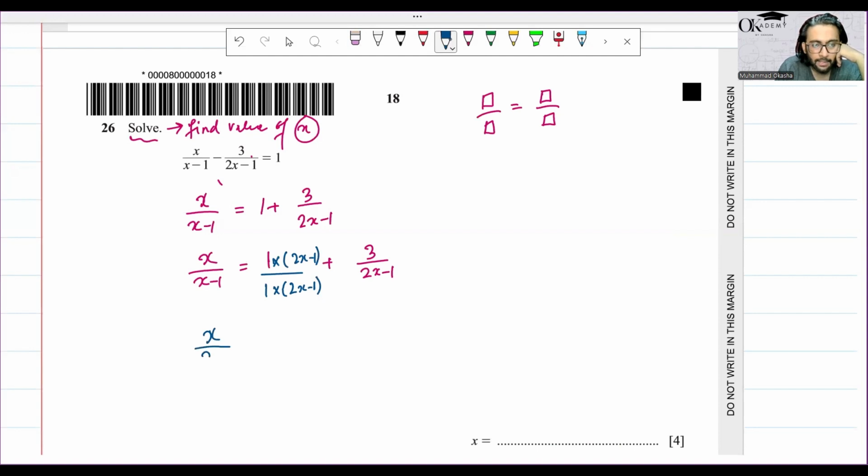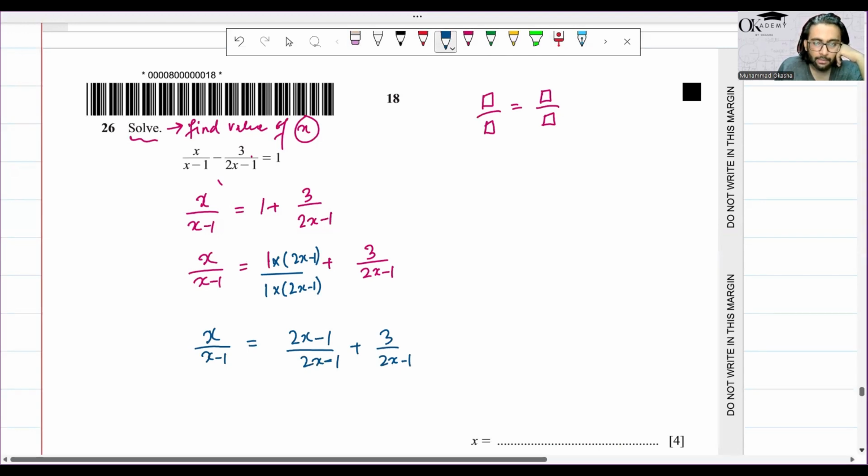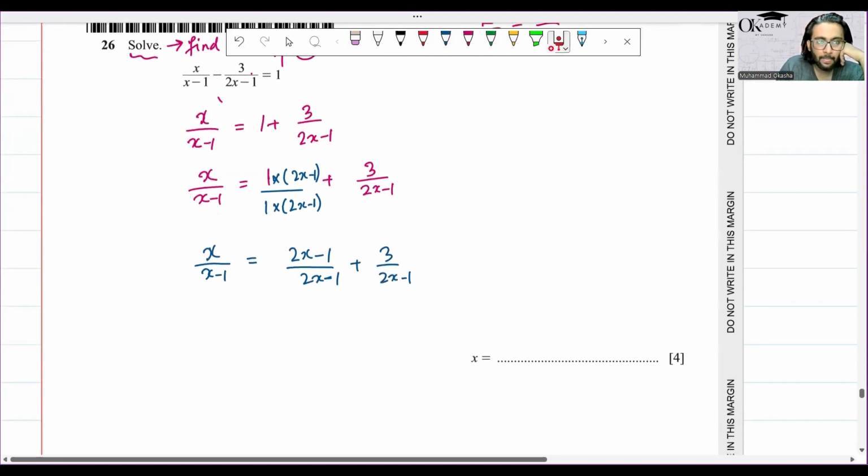So I'm going to get x divided by x minus 1 is equal to 2x minus 1 divided by 2x minus 1 plus 3 divided by 2x minus 1. Now, this makes things simple because the denominators are the same. So I could just write the whole thing under a single denominator.